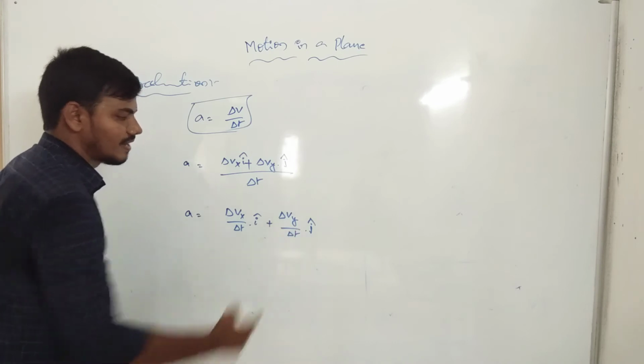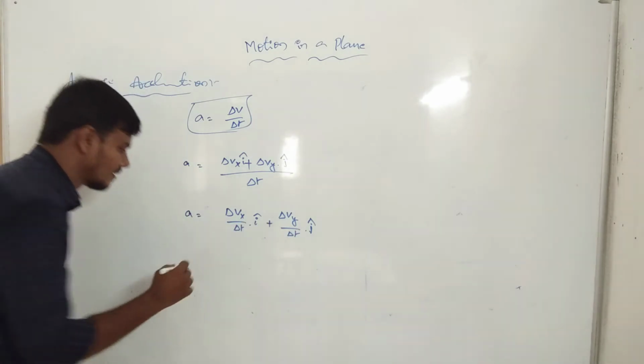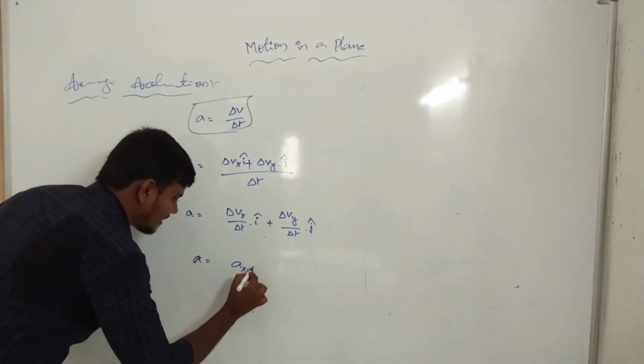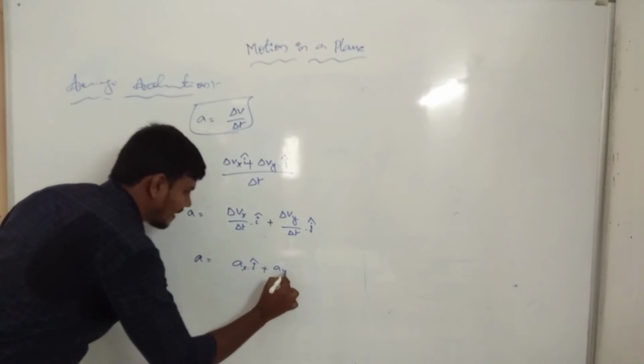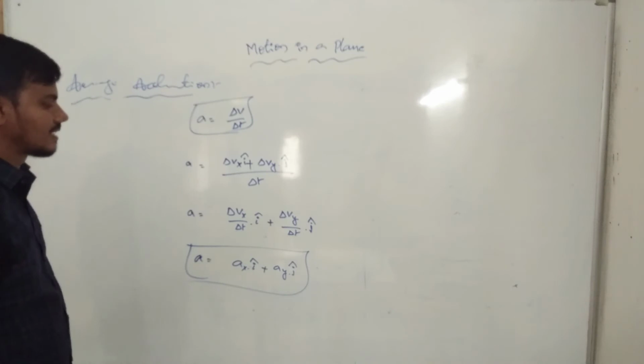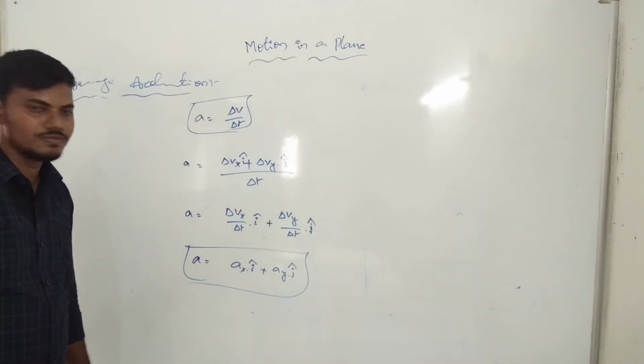The rate of change of velocity is known as acceleration with respect to i and j. Now A is equal to Ax into i cap plus Ay into j cap. This is the average acceleration.